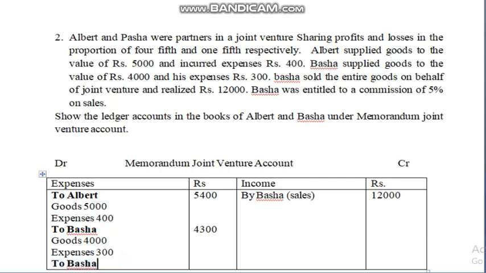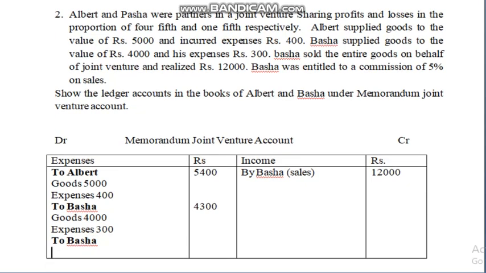How much? 5% calculated on sales. Sales is 12,000 multiplied by 5%. So there should be 600 rupees. Now all the transactions are over.